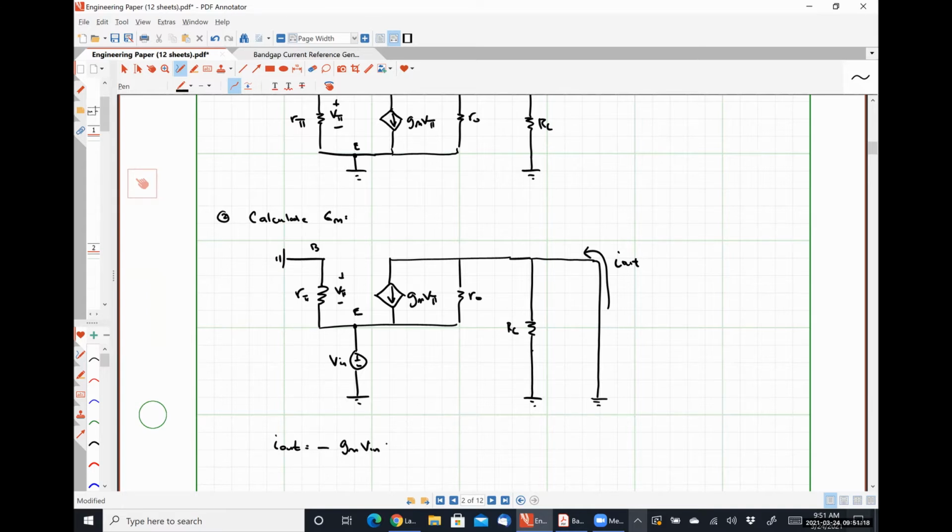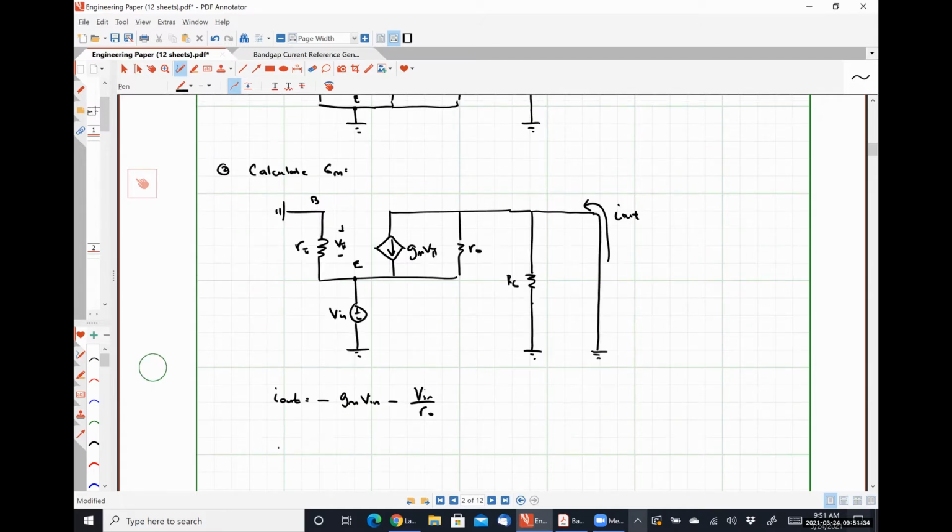And then our current flowing down through our early resistance R naught here is 0 minus Vn divided by R naught, or negative Vn over R naught, which gives us a short circuit transconductance of negative gm plus 1 over R naught. So easy enough to determine.